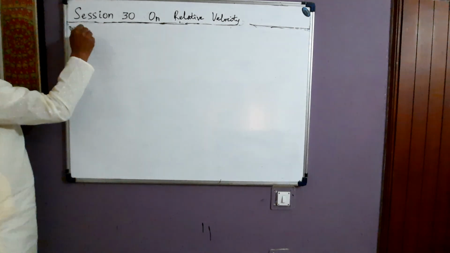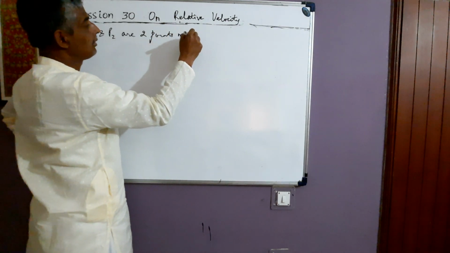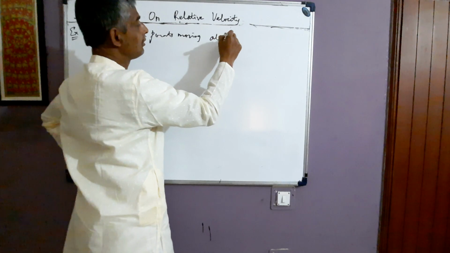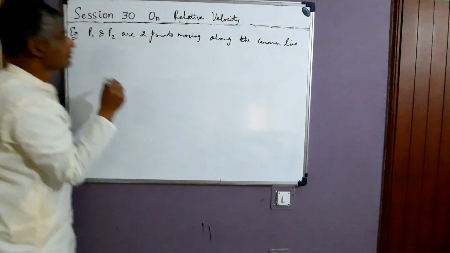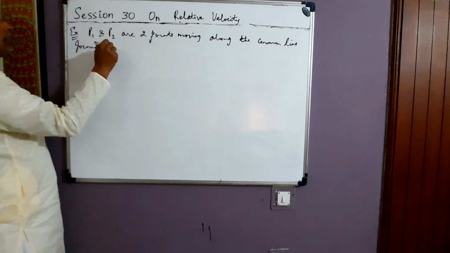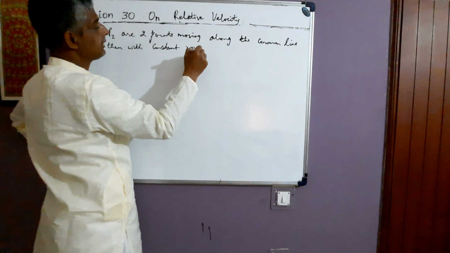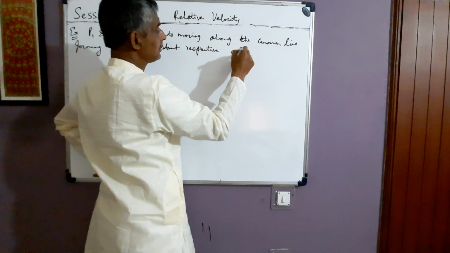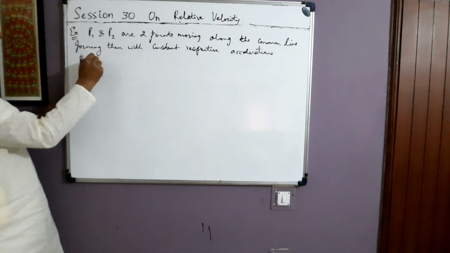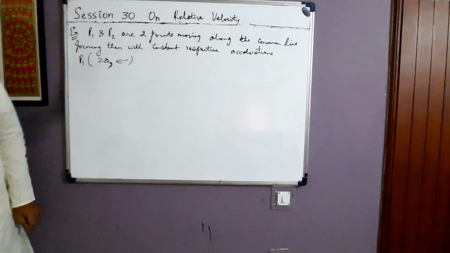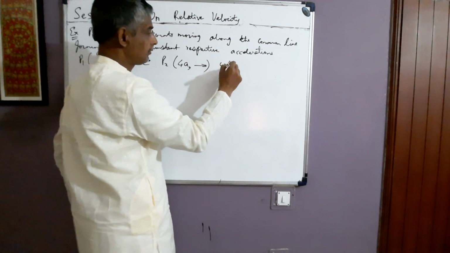P1 and P2 are two points moving along the common line joining them, with constant respective accelerations 2a leftward for P1 and 4a rightward for P2, with respect to ground, G for ground.